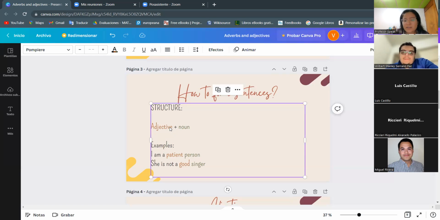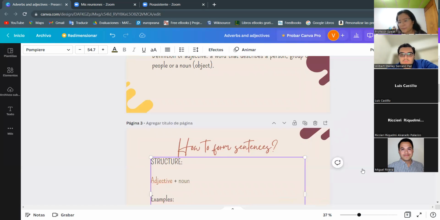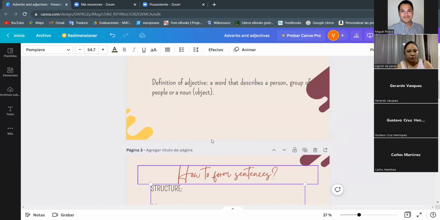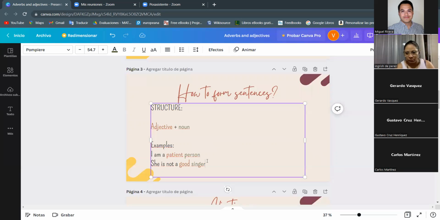So as you can see here, the adjective and the noun are in different colors. The adjective is in brown. Patient is the adjective. Good is the adjective for this one. And then you have the noun: person and singer. So, Gustavo, if an adjective describes a person, how is the person in this sentence?